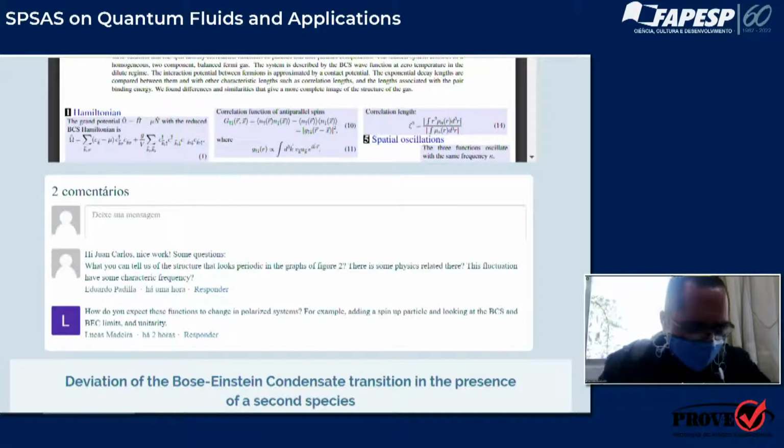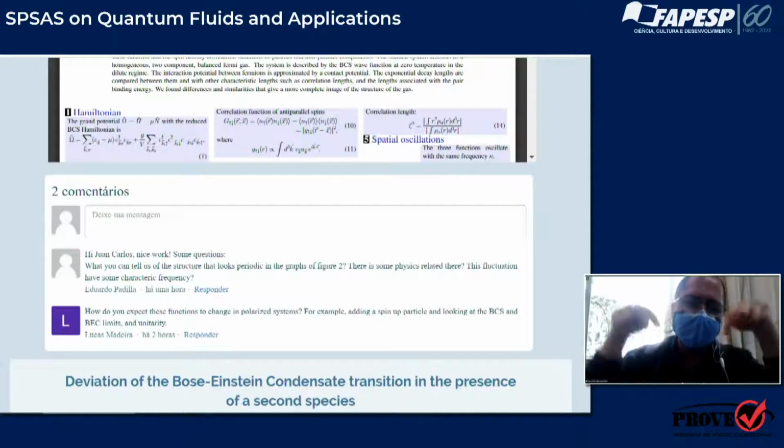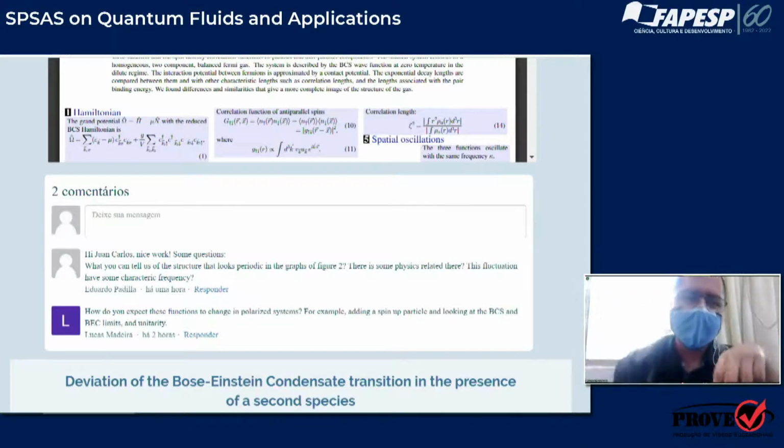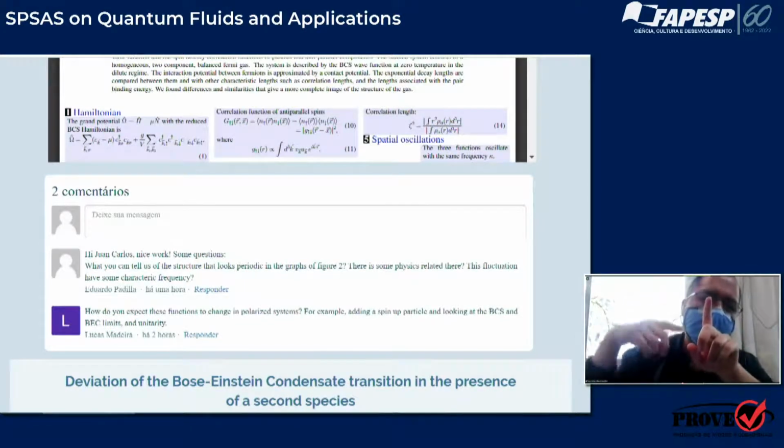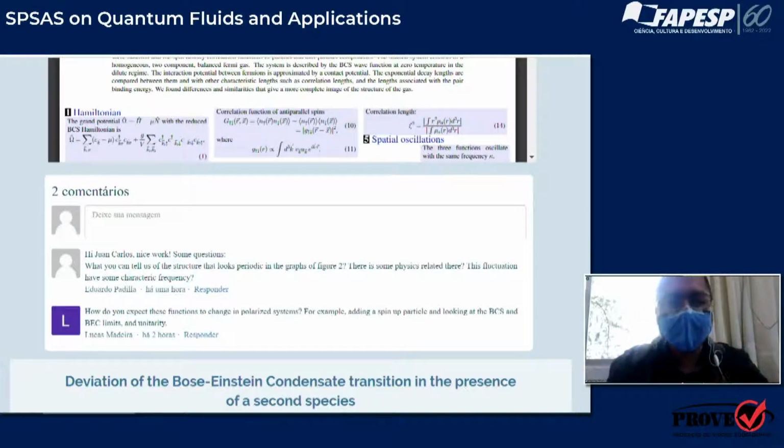Well, first, we will have to study four density-density correlation functions: the ones between up-up, down-down spins, up-down, and down-up spins. Because in the polarized system, we cannot equate the up-up with the down-down.